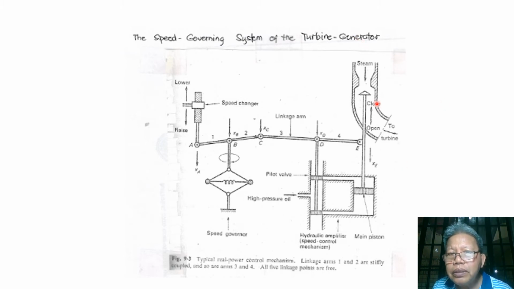We have here the steam valve controlling the flow of steam to our turbine. Now, this is the steam valve, and then we have here the hydraulic amplifier, wherein we have the piston rod connected to the steam valve and this main piston.